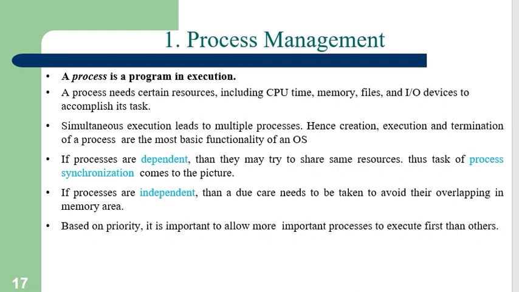If processes are dependent, then they may try to share the same resources. Thus, the task of process synchronization comes into the picture. If processes are independent, then due care needs to be taken to avoid their overlapping in the memory area. Based on priority, it is important to allow more important processes to execute first.